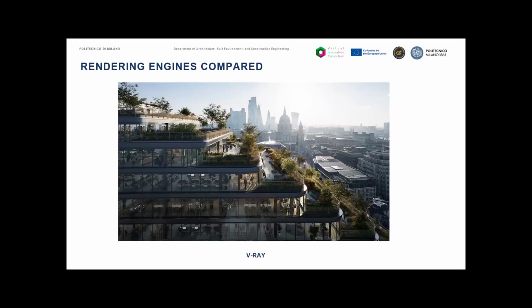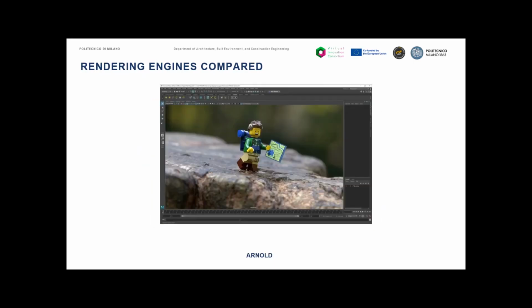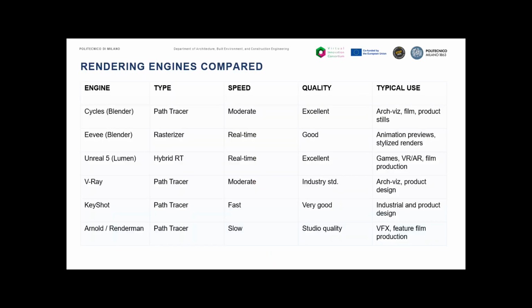Then we have V-Ray and Arnold, which occupy the commercial, high-quality space. V-Ray is mostly used in architectural visualization. We have KeyShot, same thing. Here we can see the table that summarizes the relationship across the engines for type, speed, quality, and typical use case. As previously mentioned for 3D modeling software, match the tool to the requirements.